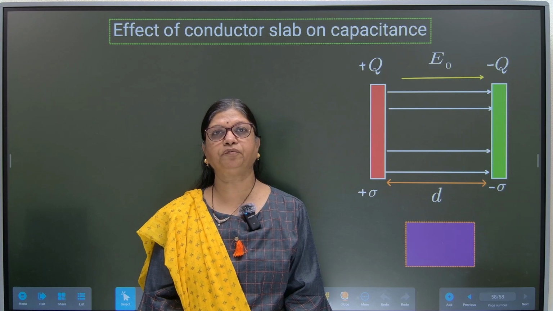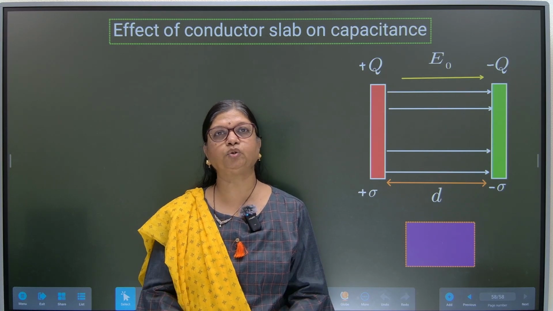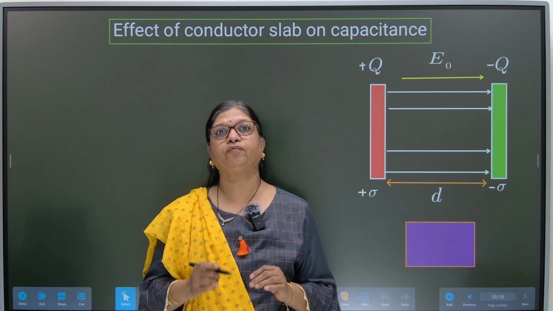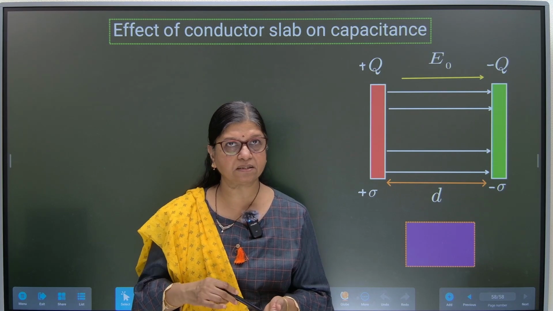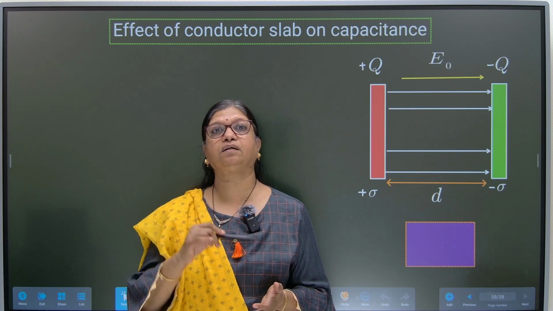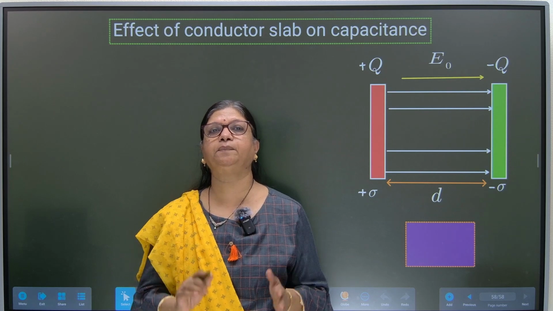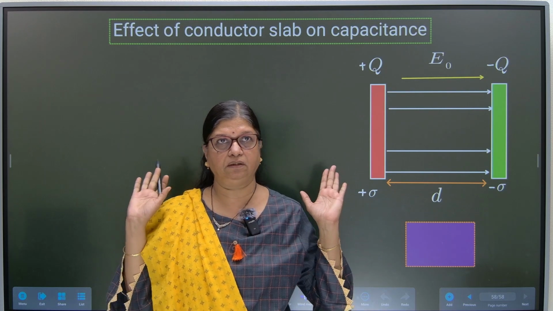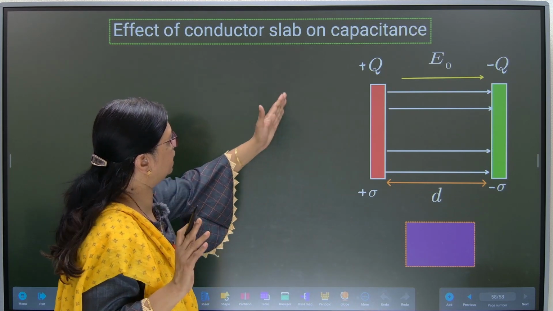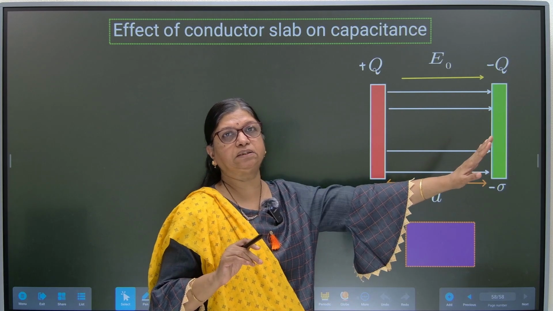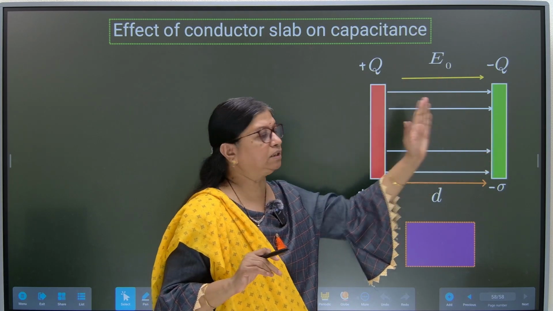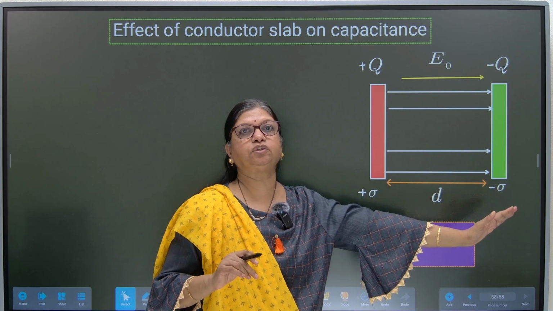So we have come to the next page where we would like to calculate the capacitance of a capacitor by placing a conductor slab of thickness T between the two plates of a capacitor. So as you can see, I have a capacitor with two plates, positive charge, negative charge, positive sigma, negative sigma.